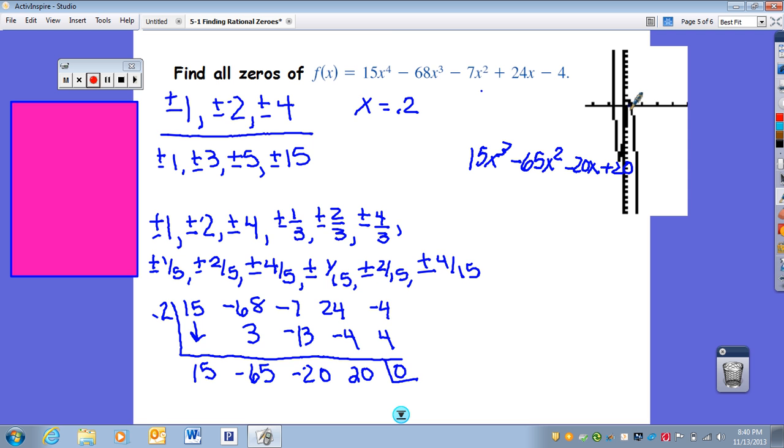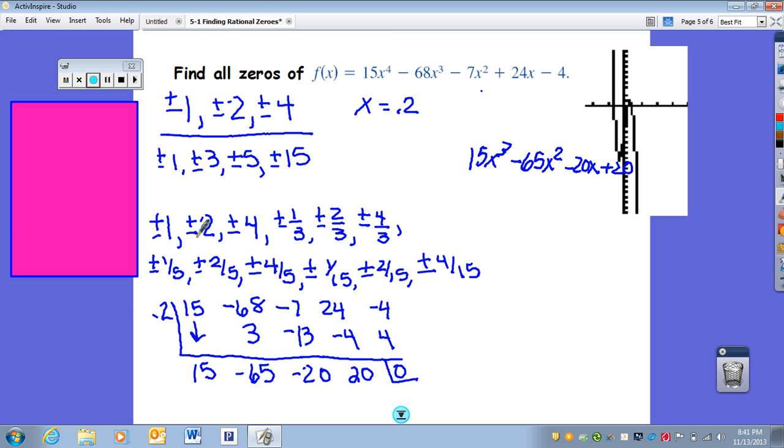So since I already used the 0.2, I could move over just a little bit further, and we see that it's crossing right around a little bit after 1, and if we go less than 0, we see that it's crossing pretty close to -1. So let's take a look at something that's pretty close to -1.